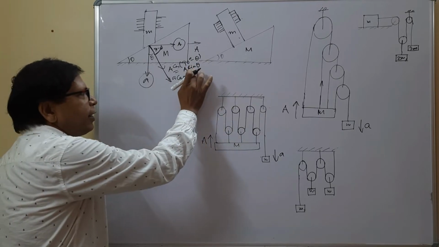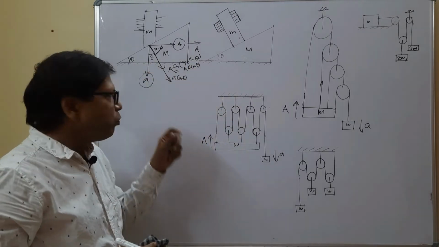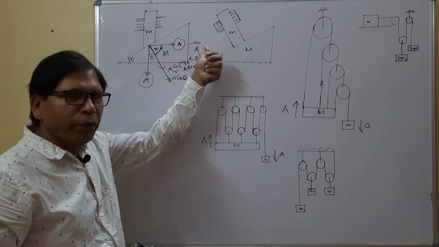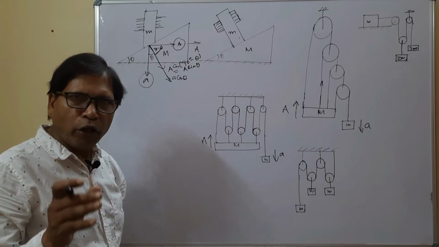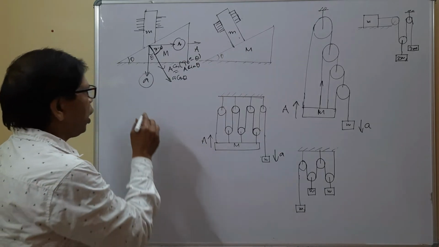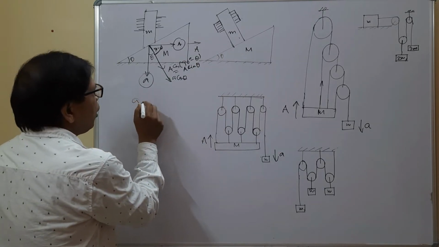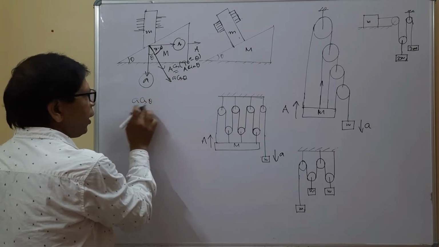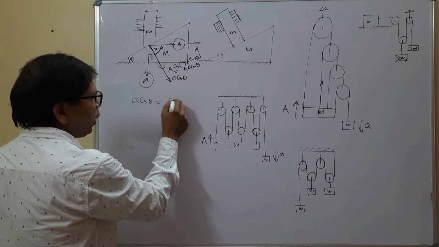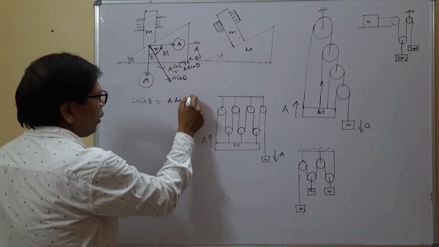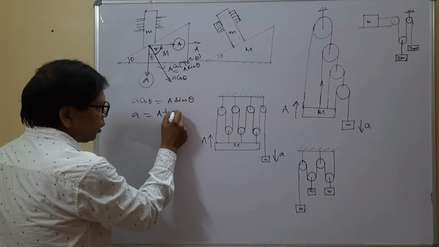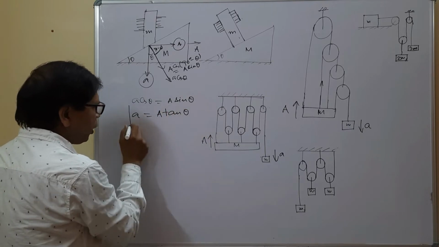Therefore, this acceleration equals this acceleration. The component of acceleration of small a and capital A normal to the point of contact is the same. Therefore, this is a cos theta equal to capital A sin theta. Okay. Therefore, a equals capital A tan theta. Okay. This is the constraint relation.